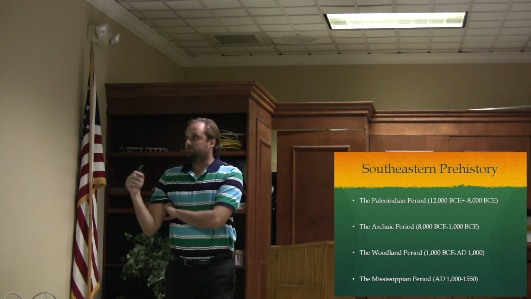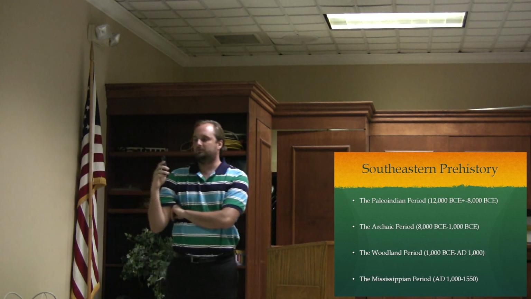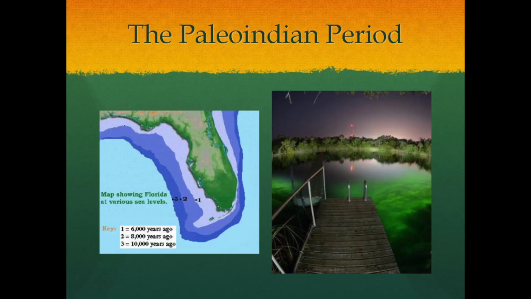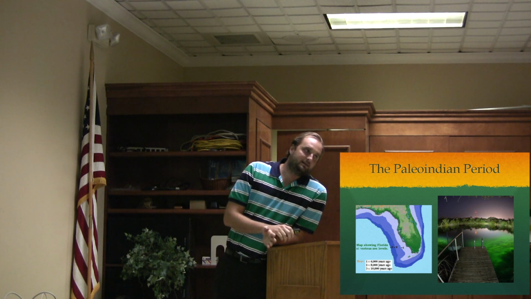Some of these periods, especially these last 3, we'll talk about in just a minute. A couple of key things happened during the Paleo-Indian period. Obviously, this marks the transition between Pleistocene and Holocene. What we mean by Pleistocene is the end of the last ice age. We're technically still in an ice age.